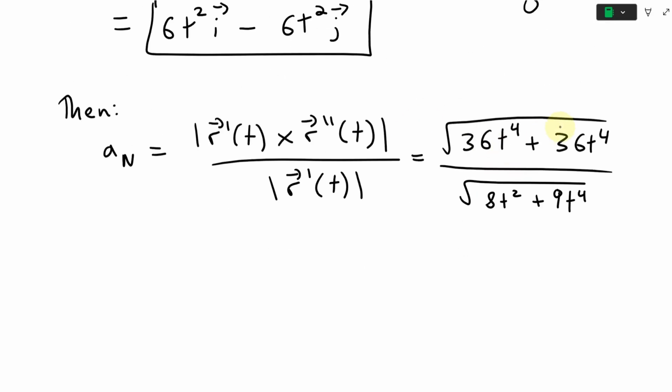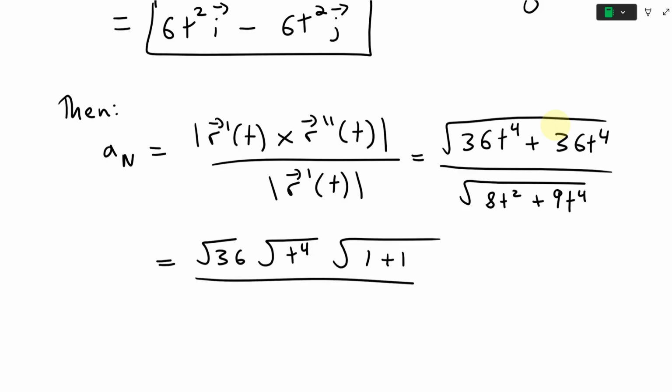All right, now we can simplify this top part. We can take out the square root of 36, factor it out, and factor out the square root of t to the 4, and what we're left with is 1 plus 1. 1 plus 1 is just 2, but I'll leave it 1 plus 1 for completeness.